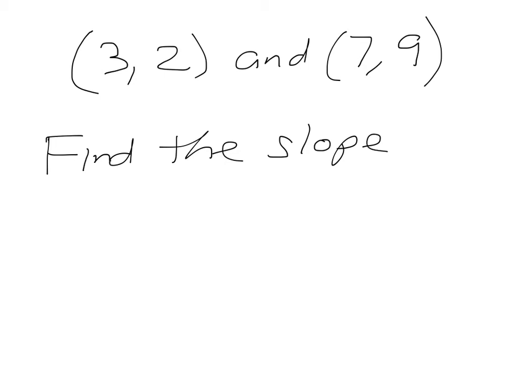The first thing I do is label my points. I identify which of those points is x1, y1, and which is x2, y2. In reality, it doesn't matter, but we're going to call this x1, y1, and this x2, y2.